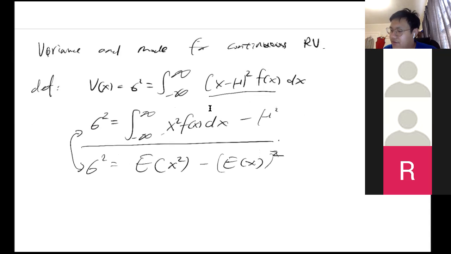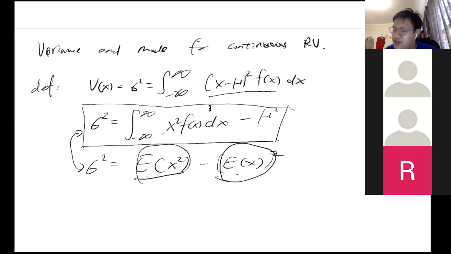When we are dealing with a continuous random variable, we use integration to calculate these, and when we're dealing with a discrete random variable, we use summation to deal with the expectations. That's the only difference. Definitely be familiar with this equation.